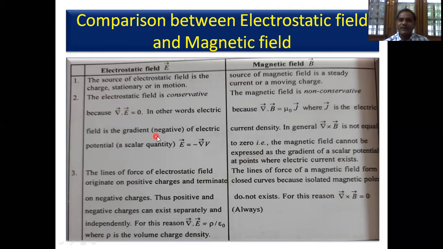Then E bar can be expressed as the negative gradient of a scalar potential. Hence, we got the relation E bar equals minus grad V, electric potential.